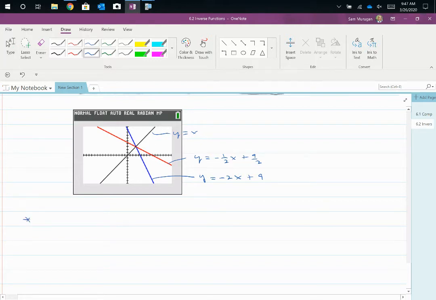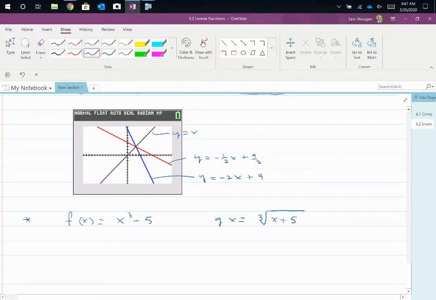Do another example here. So f of x equals x cubed minus 5, and g of x is equal to, say, the cube root of x plus 5.